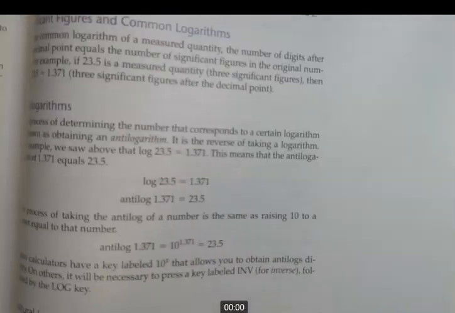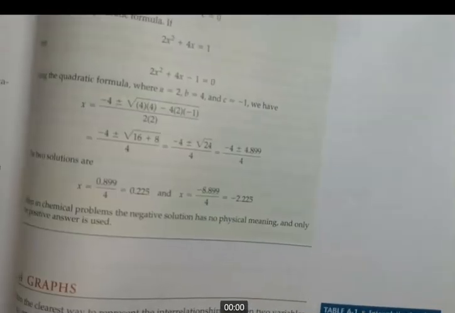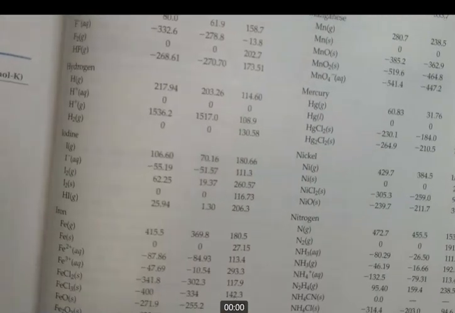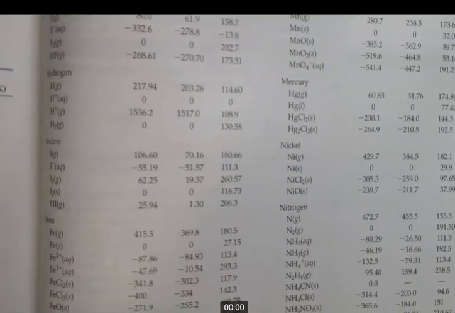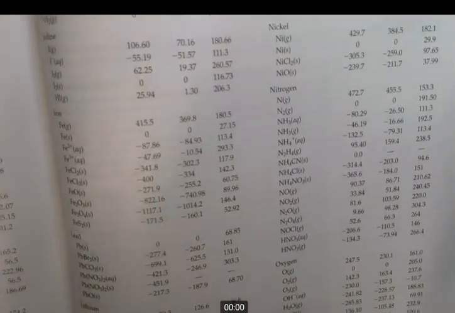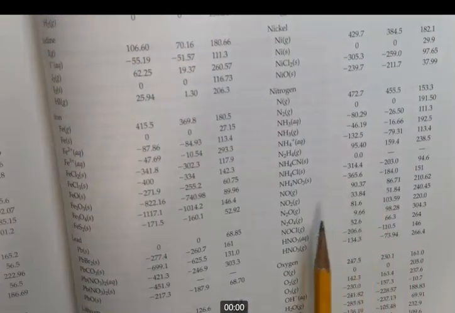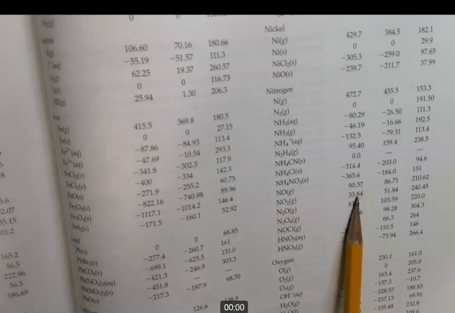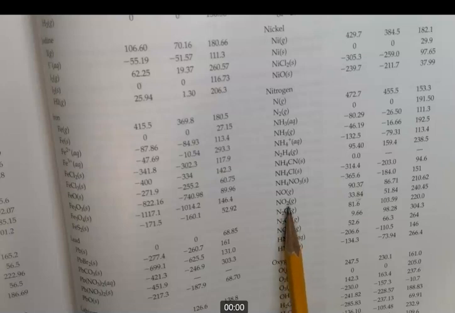So it's in Appendix C. I mentioned that somewhere either in the notes or one of the assignments. So we look for NO2. I'm going to adjust the camera here. And there it is right there. And it is 33.84. So that's the enthalpy of formation of nitric dioxide.